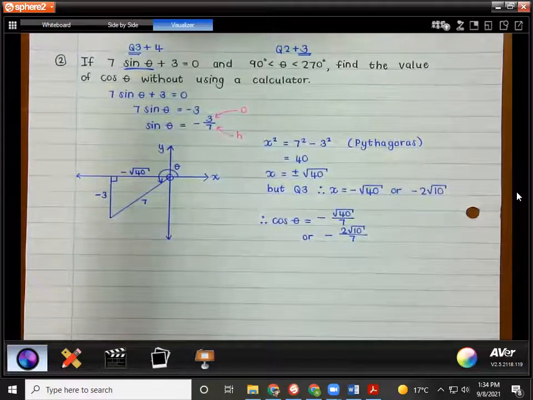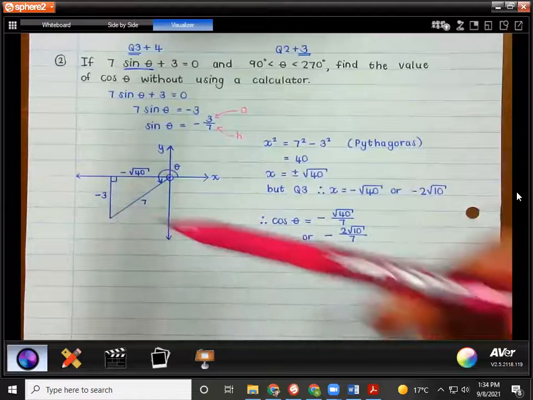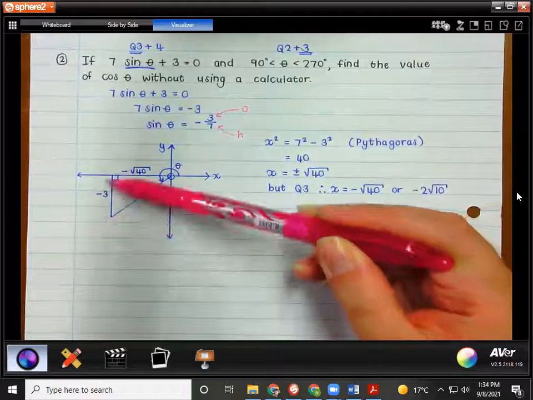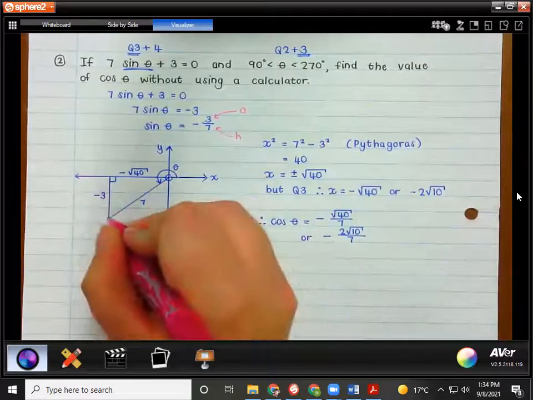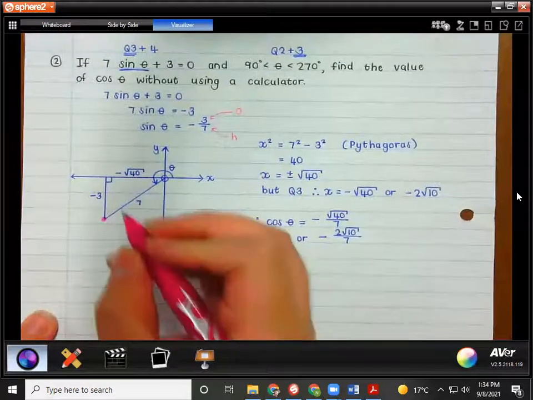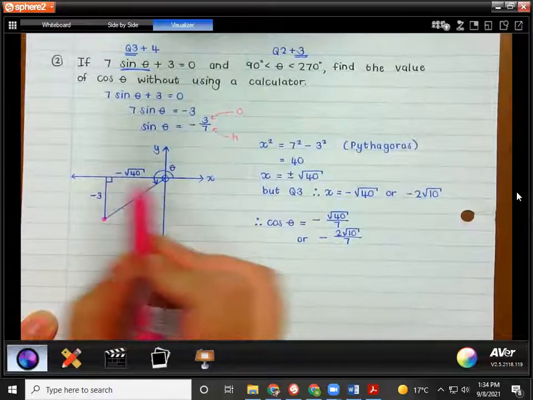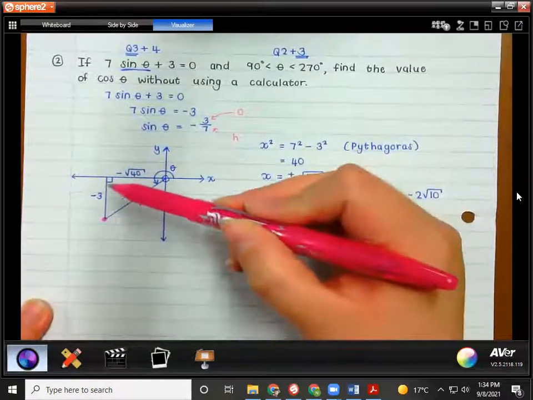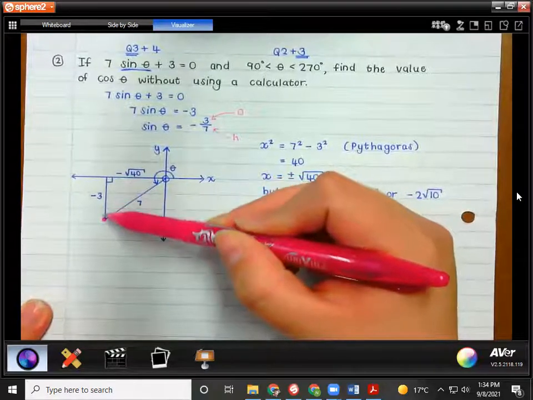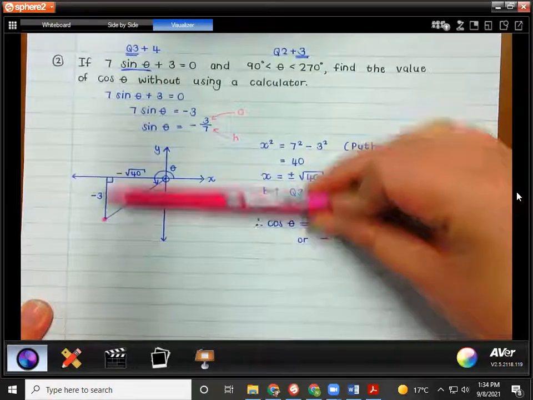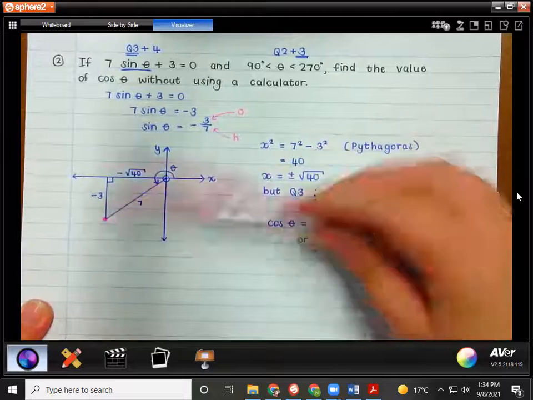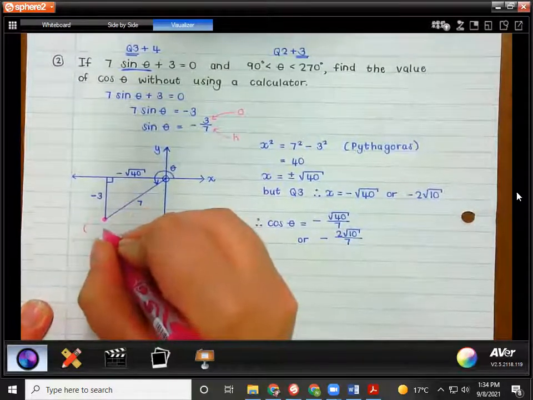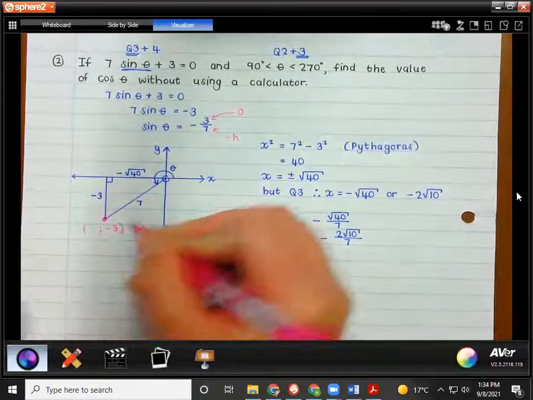But guys, because we have our triangle in the third quadrant, do we notice that this length is going into the negative y-axis? I said x, I meant y, sorry. This side of the triangle is across from the negative y-axis. So if we were to plot this point, it would have a y value of -3.